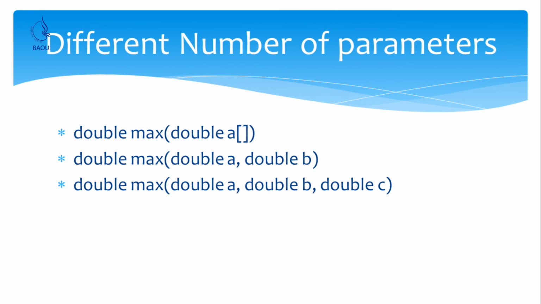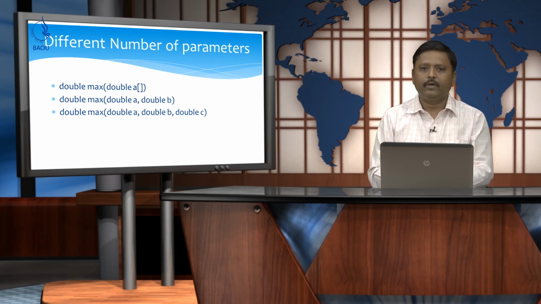Now, suppose we want to find the maximum of two numbers; we can write a second method with two parameters of type double that returns the maximum of these two values. And in the third case there are three double variables, and we want to find the maximum of the three, so we can use the third method.